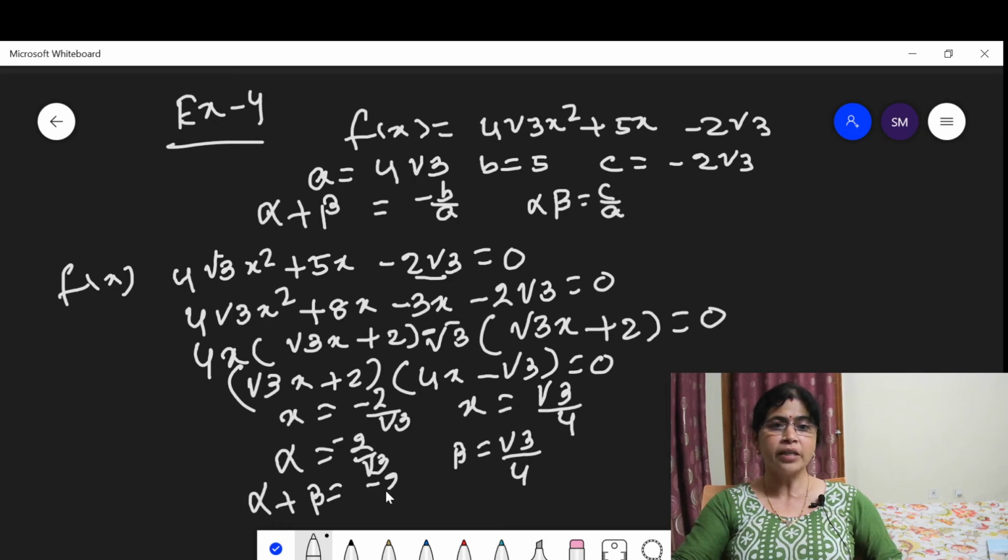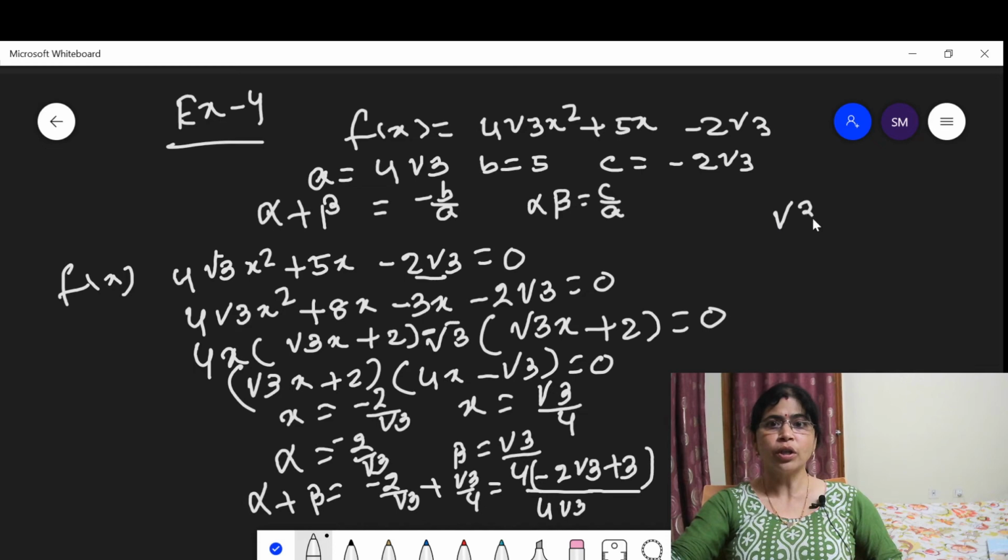Alpha plus beta is minus 2 upon root 3 plus root 3 upon 4. Taking 4 root 3 as the LCM we get minus 2 root 3 plus 3. Then taking root 3 common we get minus 2 plus 2 root 3 upon 4 root 3, root 3 cancels, this is minus 2 plus root 3.